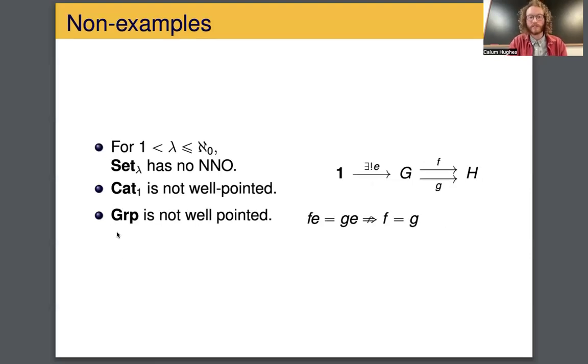So yes, the category of groups is not well pointed either, because there's only a unique map from the trivial group into G, which picks out the identity elements, and F of this is always equal to G of this by the axioms of group homomorphisms, and we can't conclude from this that F equals G. So there's this real feeling that the elementary theory of the category of sets picks out the category of sets, except for this trivial example, and it doesn't allow for finite things.